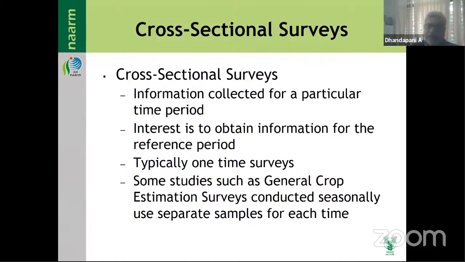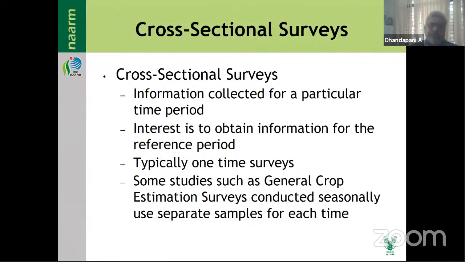Typically these are one-time surveys. A one-time survey means it has a certain objective and a certain time frame, and you collect information and produce the result. You are not going to do the survey again and again.